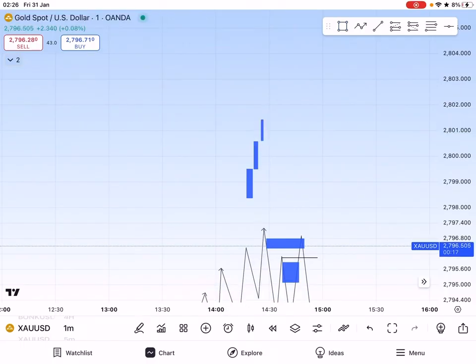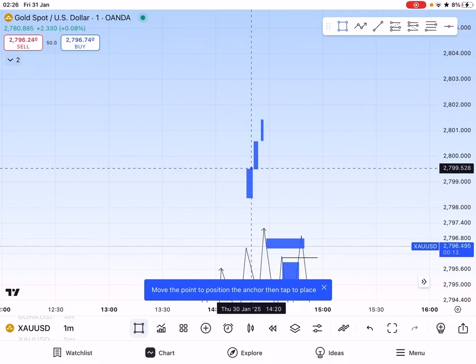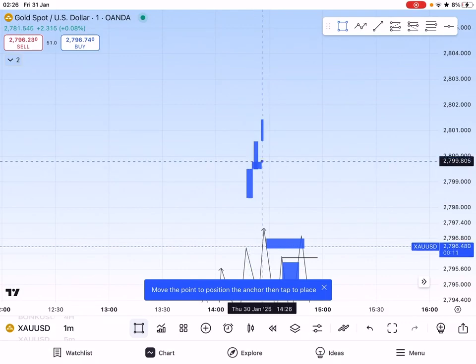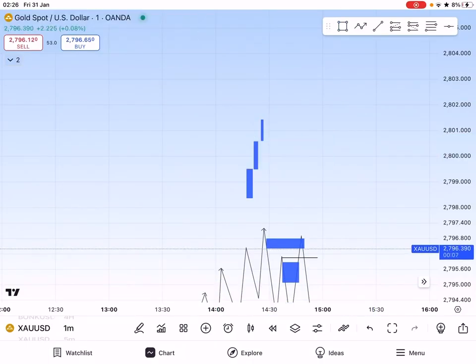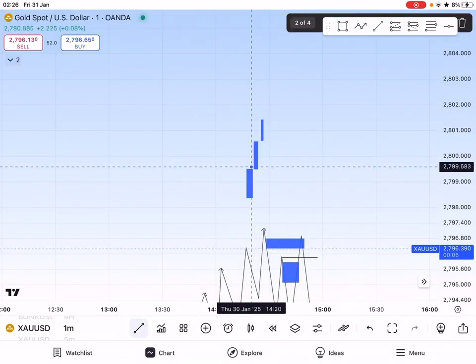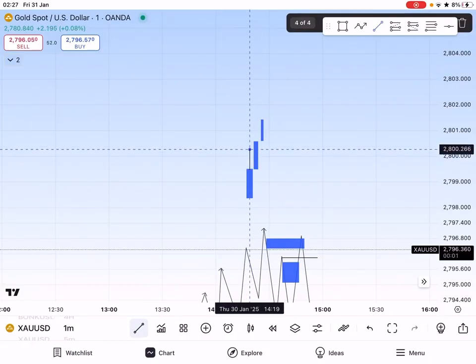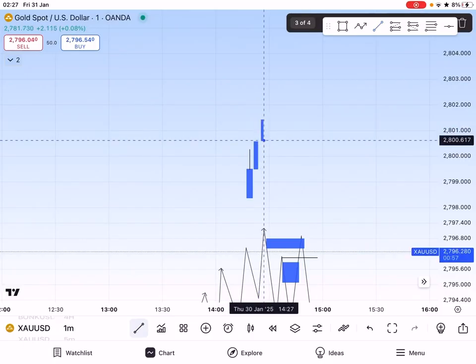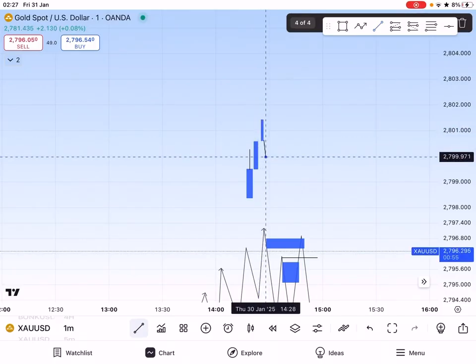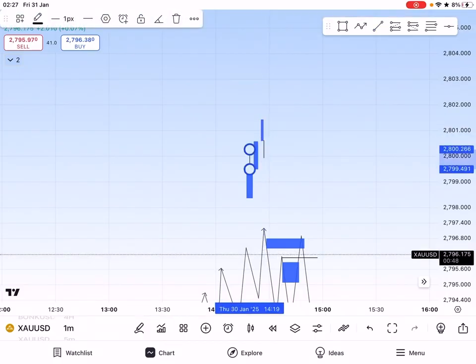But the fact is, this gap from the wick of this bullish candle to this one, this is the imbalance. Normally, if there was a wick extending like this, and there was another wick from here coming downwards, sorry for my drawing, then there's no imbalance. The imbalance is only when there's a gap.